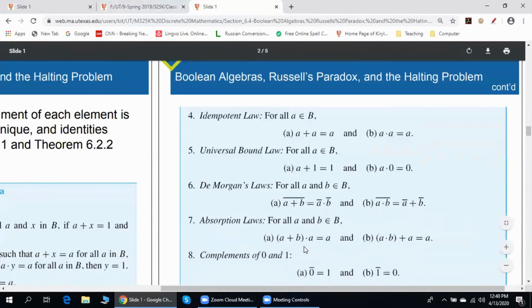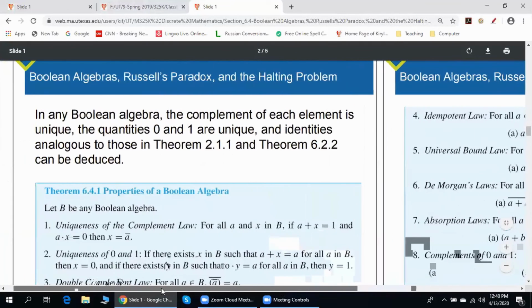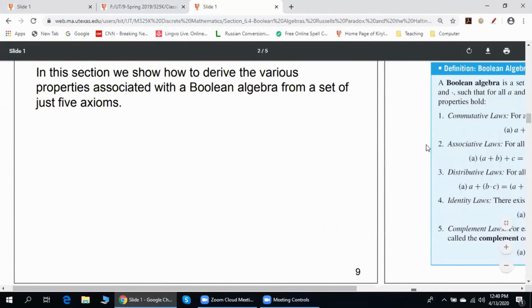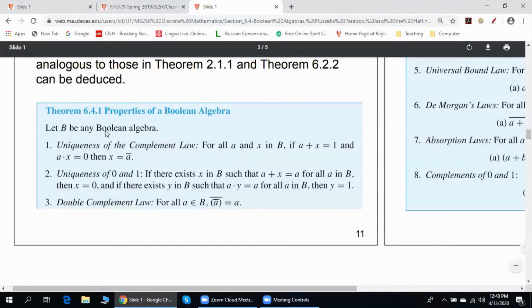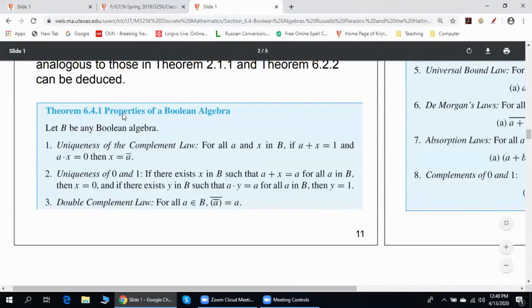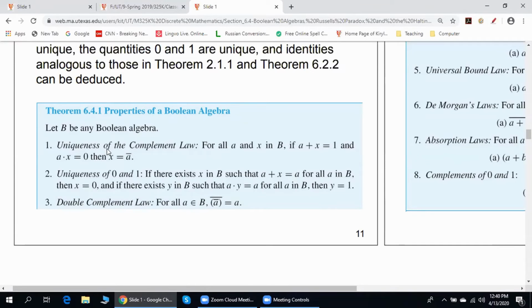The answer is we can deduce all these laws from these 5 rules. For example, please take a look at this theorem. Uniqueness of the complement law, uniqueness of 0 and 1, double complement law.